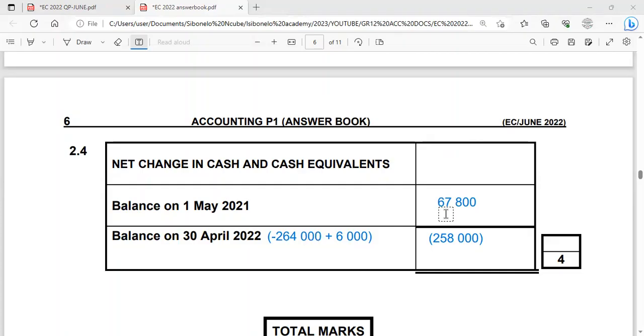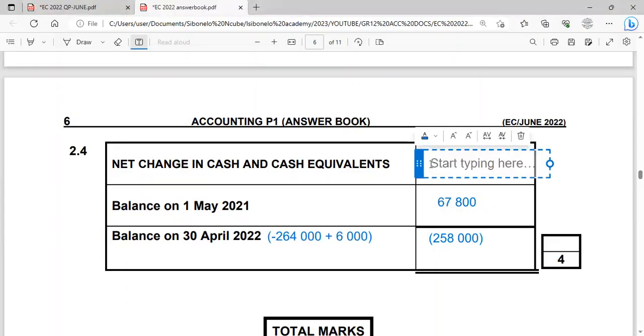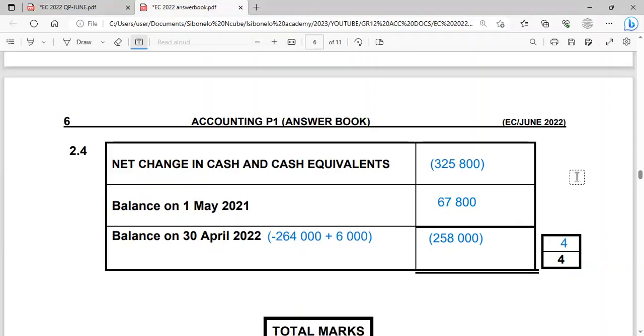And because we are working backward, we're gonna make the 67,800 negative. So the balance that you should have here is negative 325,800. Then we are done. You have your 4 marks. So guys, I hope you understood these notes. So please make sure that you practice. If you do that, you will be okay in your June exam. Thank you and goodbye.